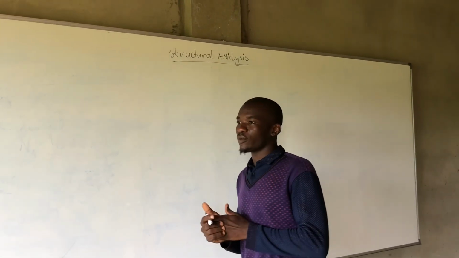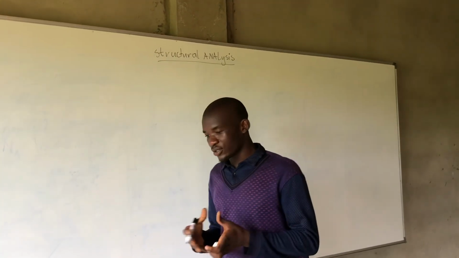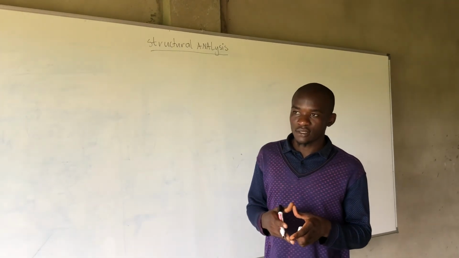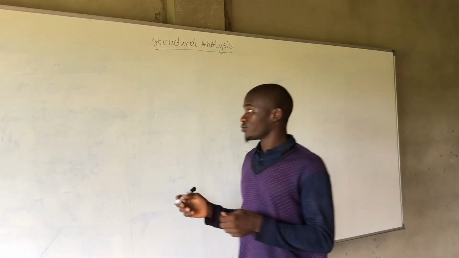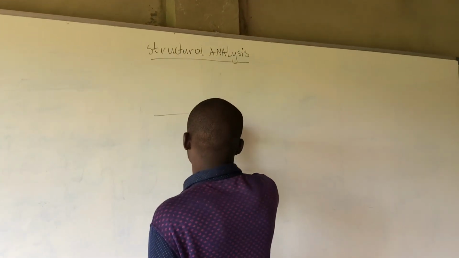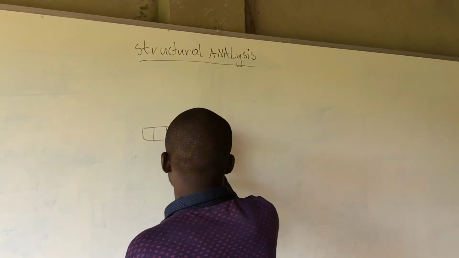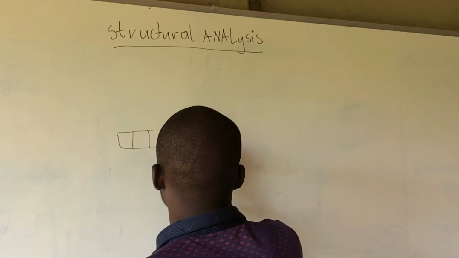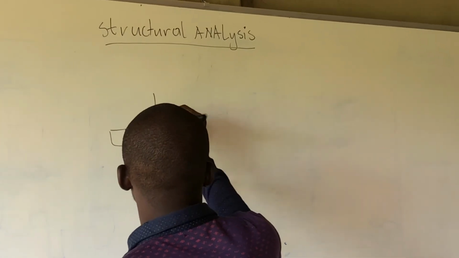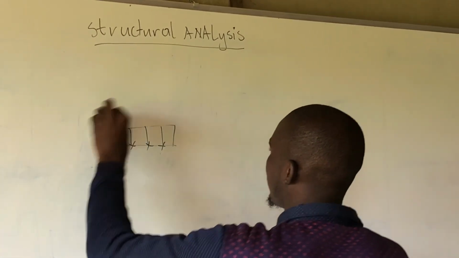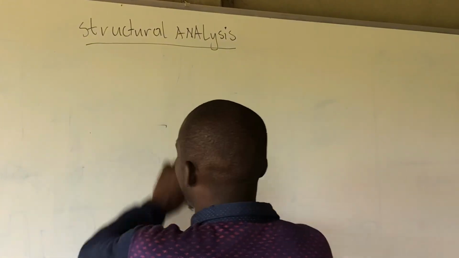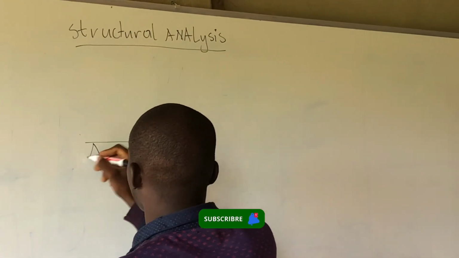First of all, we have to know that structural analysis is due to the load that is applied on the structure. So if you have, for example, a beam, let's take a simple supported beam.